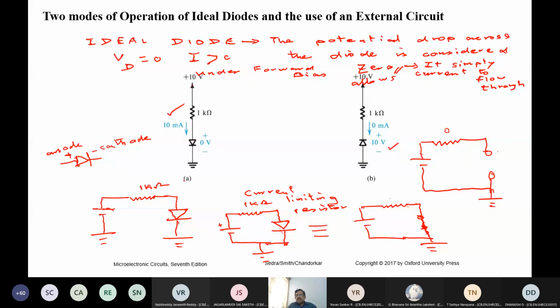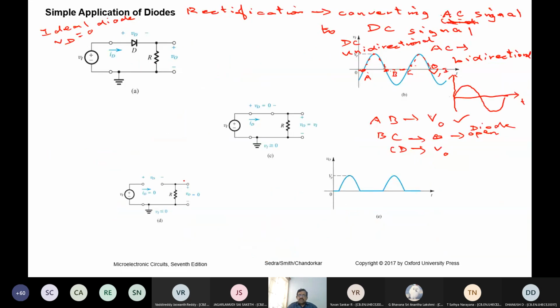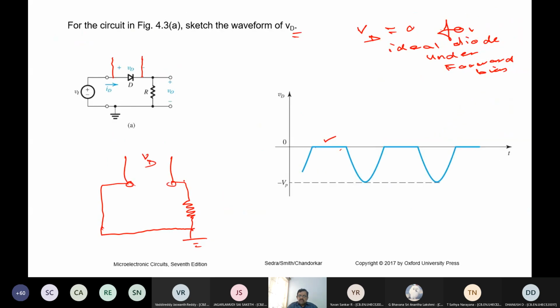So you can see here that when the open condition comes, that is under reverse bias, all the voltages will be appearing. Therefore, the output follows the input trace, and the transfer characteristic, if I were to draw it here, will be different.